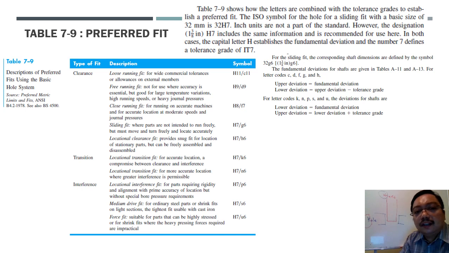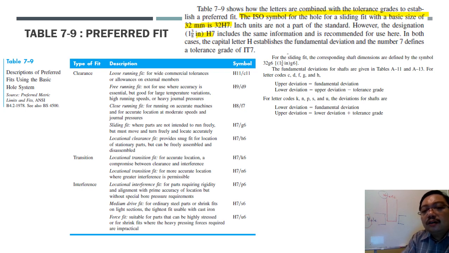Table 7-9 shows the preferred fits. It shows how the letters are combined with the tolerance grades to establish a preferred fit. The ISO symbol for the hole for a sliding fit with a basic size of 32 millimeters is H7. H represents the hole. Inch units are not part of the standard. However, the designation H7 includes the same information as recommended to use here. In both cases, the capital letter H establishes the fundamental deviation and the number 7 defines the tolerance grade.